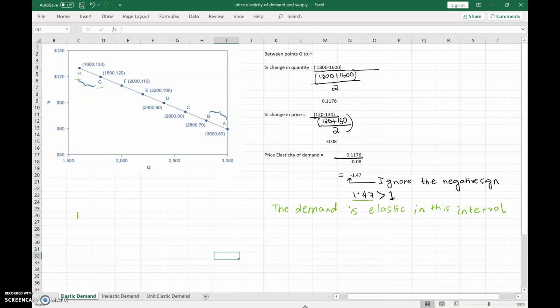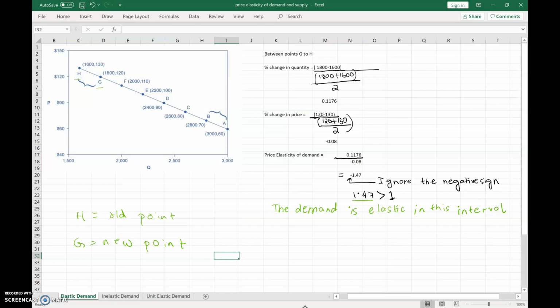Say H is the old point and G is the new point, and each demand curve is showing me a combination of price and quantities supplied.